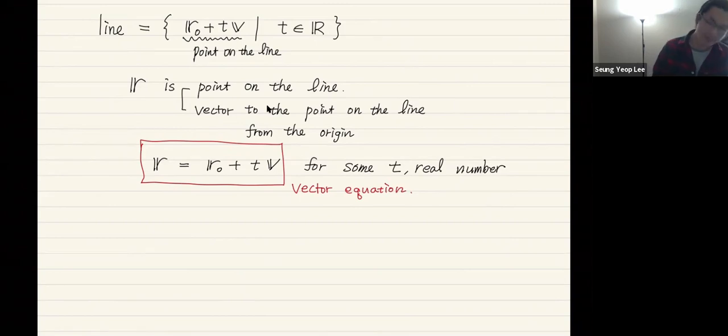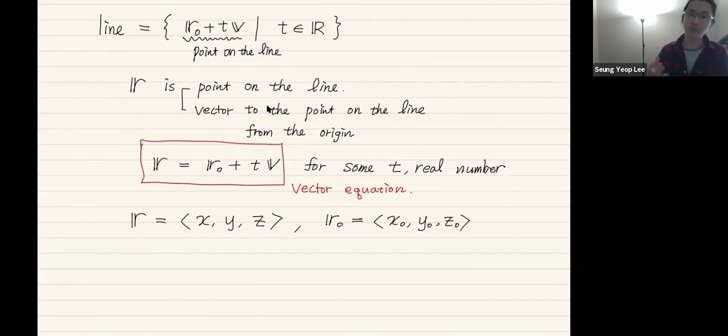I will write this in components. So let's write R as x, y, z. Now, what was our notation for R naught? R naught was x naught, y naught, z naught, a given point on the line. What was our notation for the direction v? V is a, b, c.